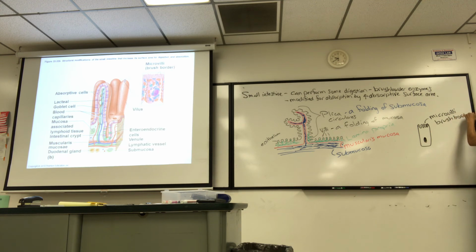And you wrote the brush border enzymes, so guess where they are? They're along the absorptive surface, so they can finish off digestion should you need it to occur. And, well, what we see is the microvilli are a folding of the plasma membrane.